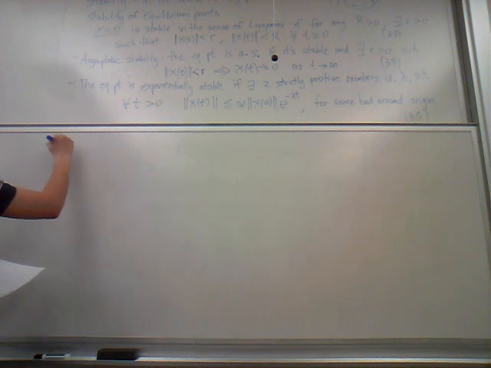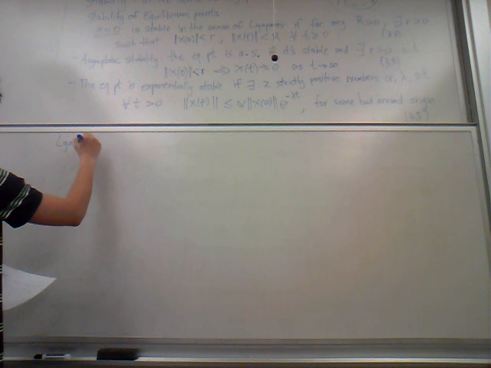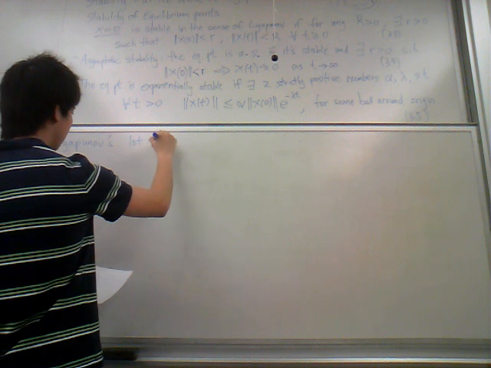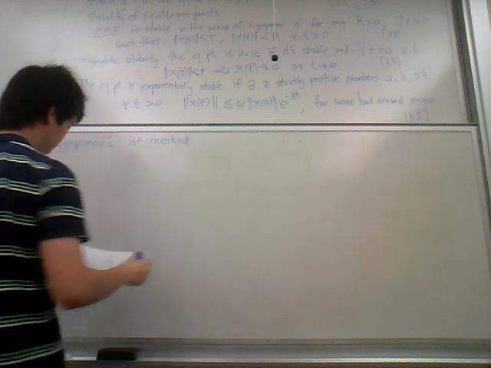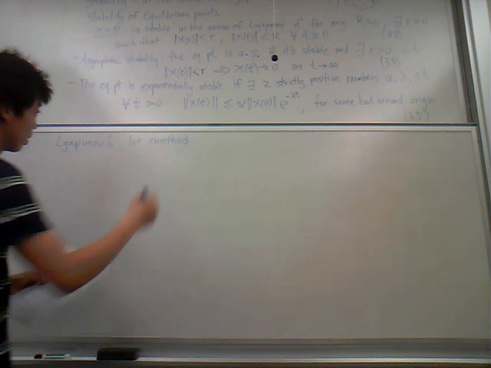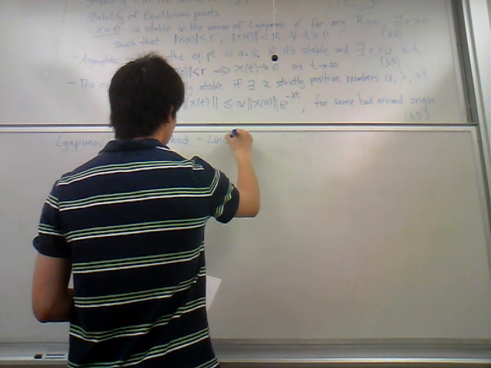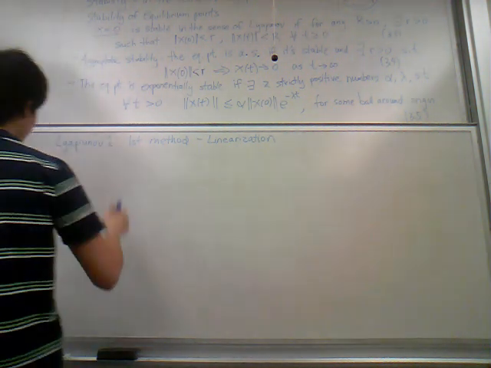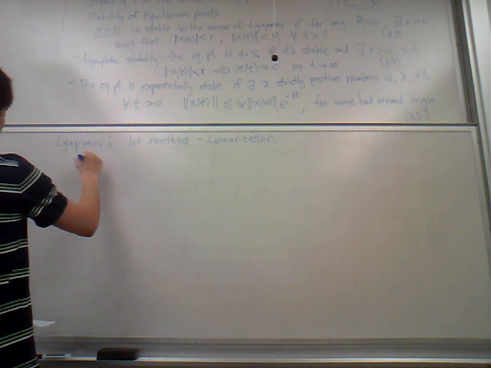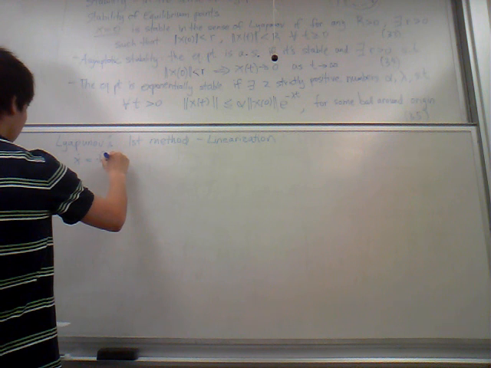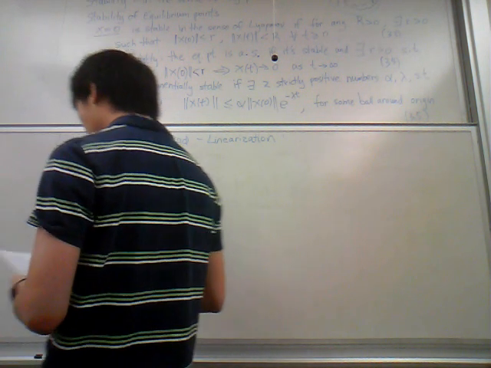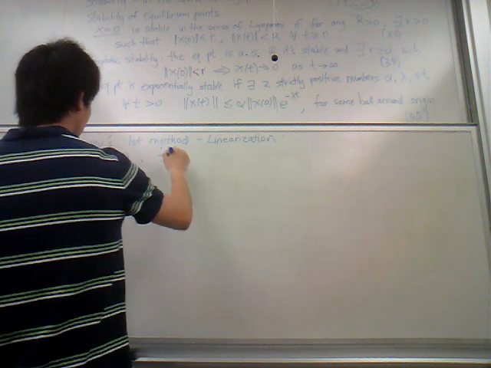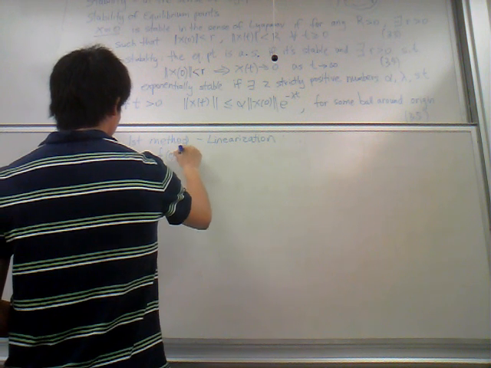So, Lyapunov's first method is the thing that we've already seen before, linearization. It basically says that we have a function x dot equals some function of x and u, and let's say our equilibrium is at 0.